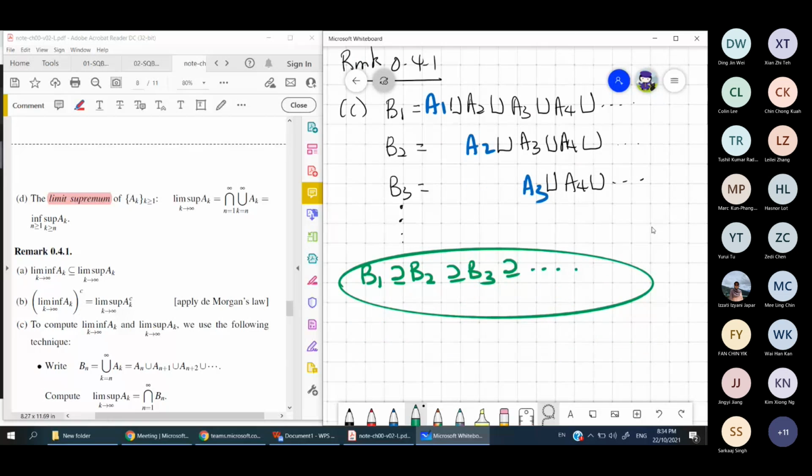Once we have constructed a new sequence of sets Bn, we can define this.